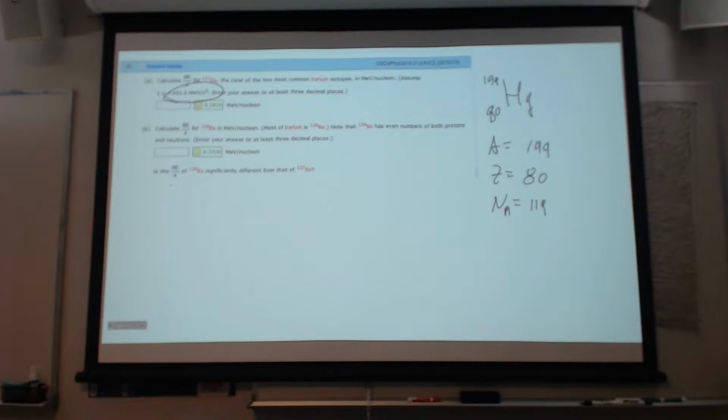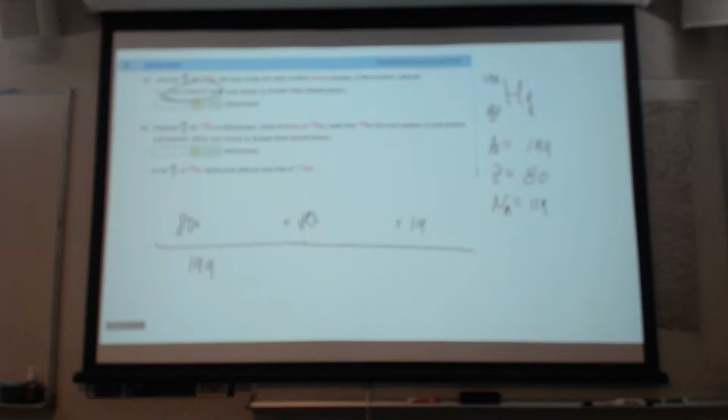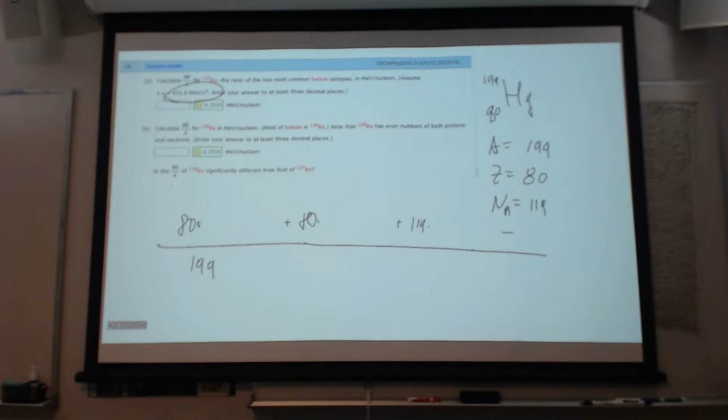So you need 199 per nucleon, 80 times proton plus 80 times electron plus 119 for neutrons, minus 199, times 931.5.